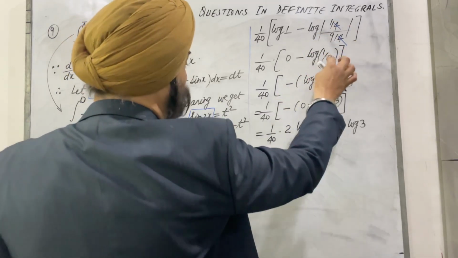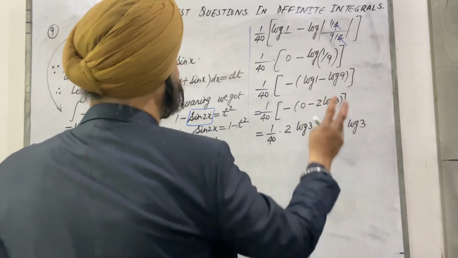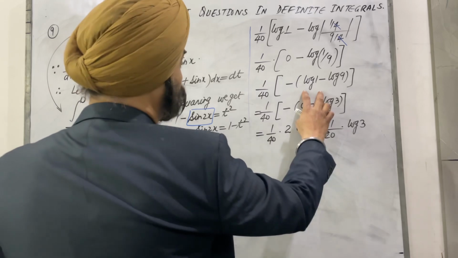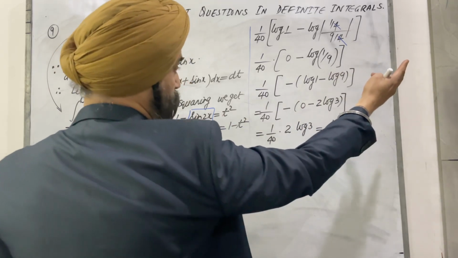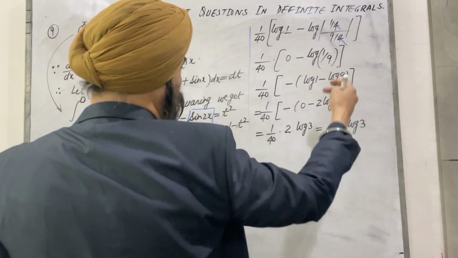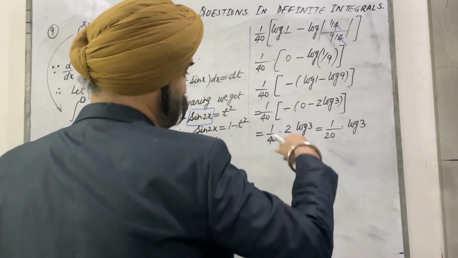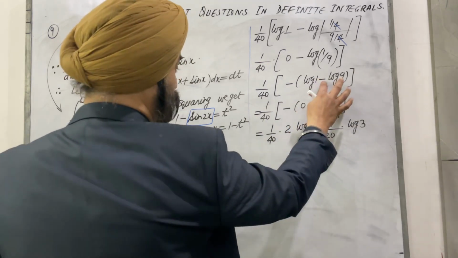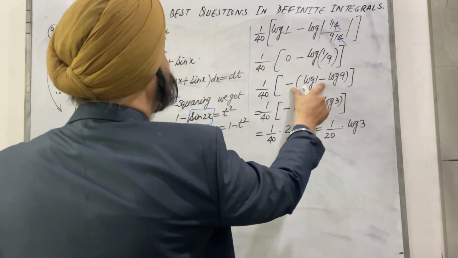Log of 1 upon 9 can also be written as log 1 minus log 9. Log of 1 is always equal to 0. So what we get here is 0 minus log 9, and 9 can be written as 3 square, so I can write 2 log 3 using the formula n log m.